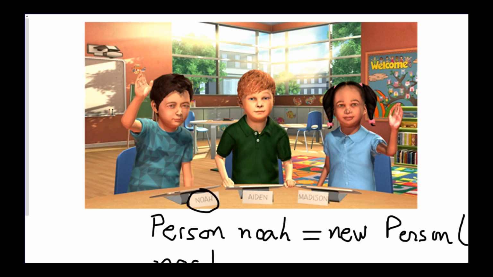We'll do it again in class together, so don't worry about it too much here. So by doing this, we created an object called Noah, and we could refer to it wherever we want, okay? So if I need Noah to do something, I would say Noah dot, okay, that's the keyword here. The dot would access all the stuff that's public. Okay, we'll talk about public, private, and so forth later on.